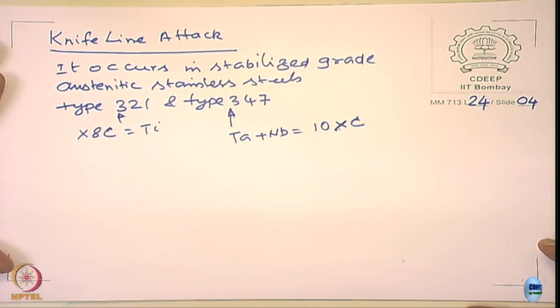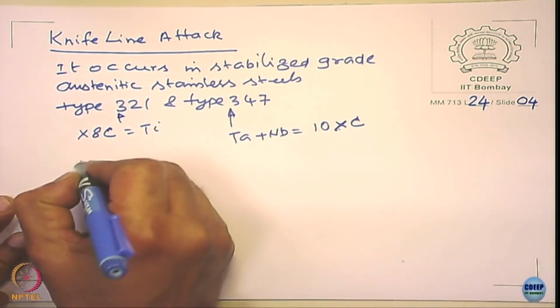But knife line attack is a special case that happens when you weld thick plates.